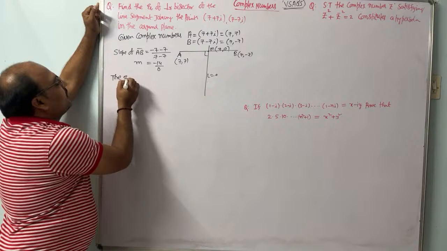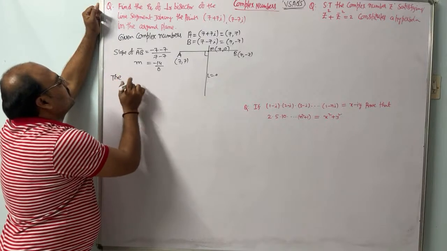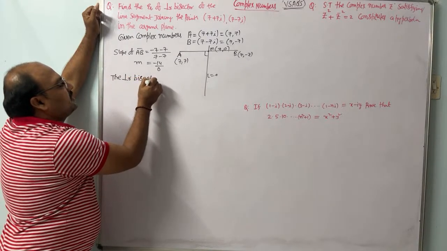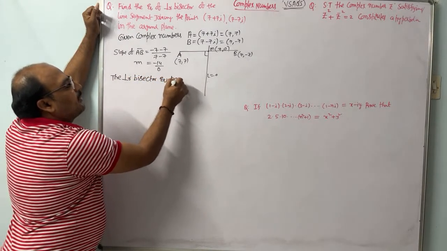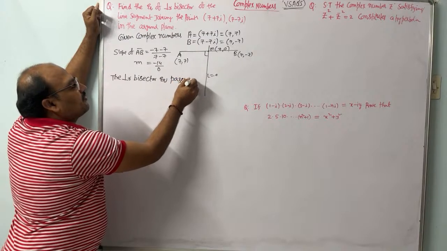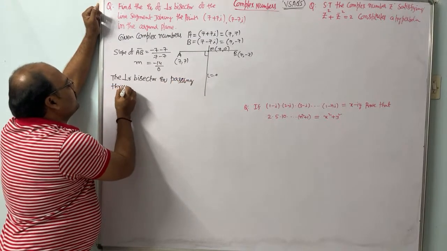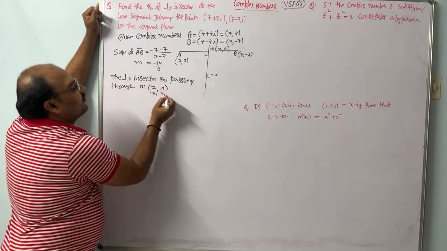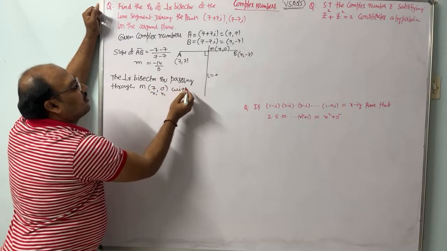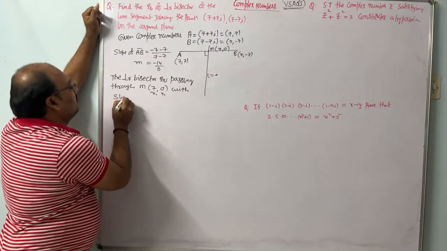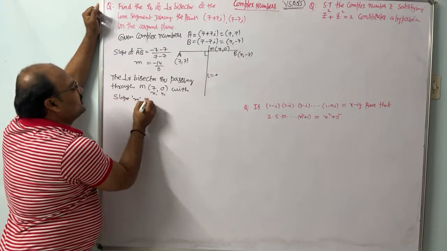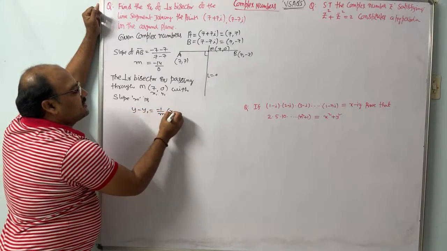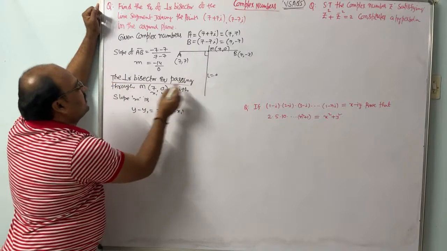The perpendicular bisector equation passing through M of 7 comma 0 with slope m is y minus y1 equal to minus 1 by m into x minus x1. Why? Because it is the perpendicular bisector.